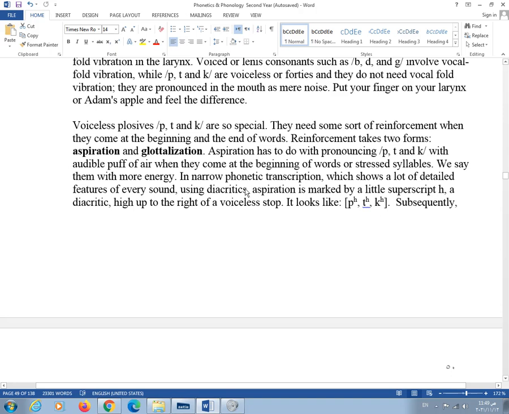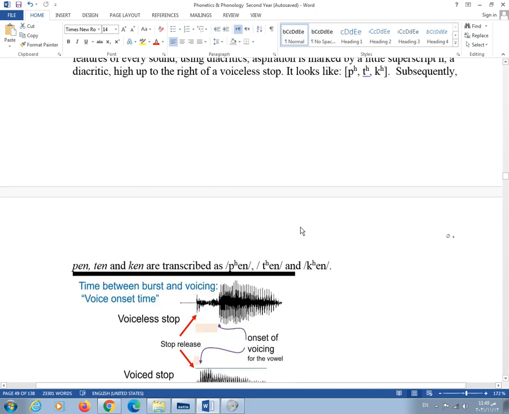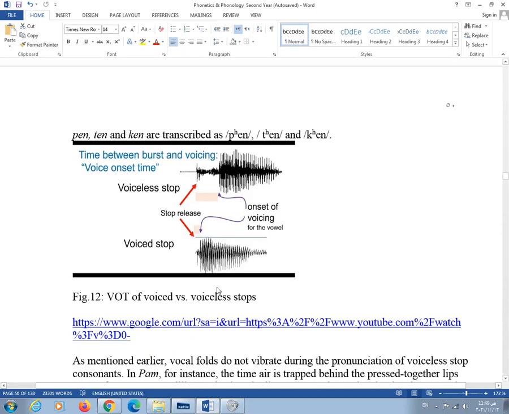So let's see what's the effect of aspiration on voice onset time. Here, you can see a spectrogram of the voiced and voiceless consonant. As far as the voiceless consonant on the top, we see that phonation, which is represented in these waves, is delayed. You know why delayed?